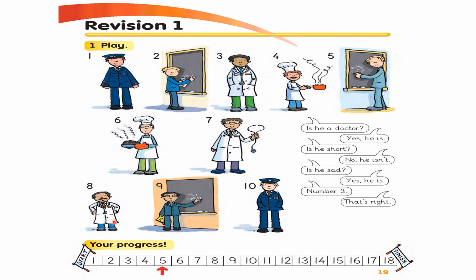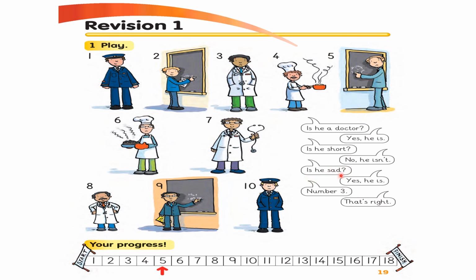Now we don't know which doctor this is. Okay, another description. Is he short? No, he isn't. He is not short. But number 8 is short, so we don't look at it because it's not number 8. It's saying no, he isn't. He is not short.